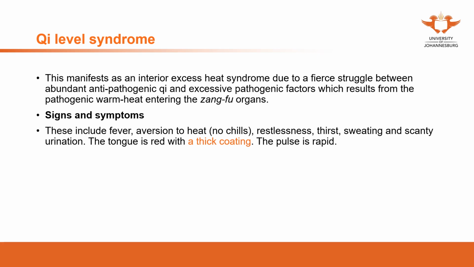When you see a thin coating, you will know that the pathogen is still superficial, still at a mild level, and the prognosis can be good. So that's the difference between the Wei level and the Qi level.